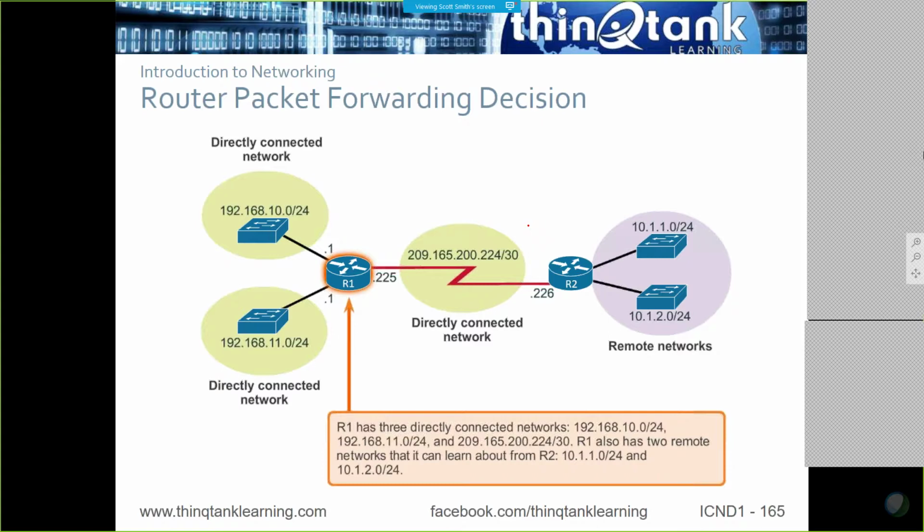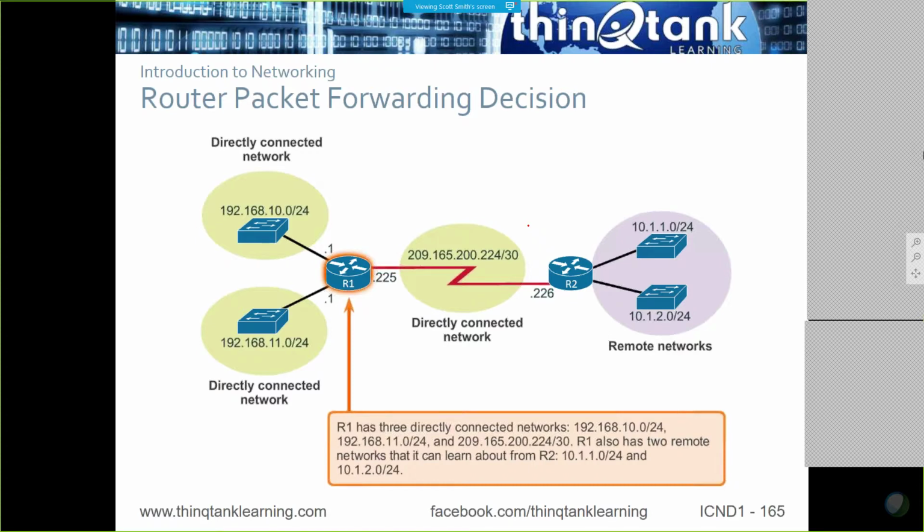So in order for R1 to reach the 10.1.1.0 subnet, the next hop is R2. Agreed? In order for R2 to reach the 192.168.10 subnet, the next hop is R1. Does that make sense?